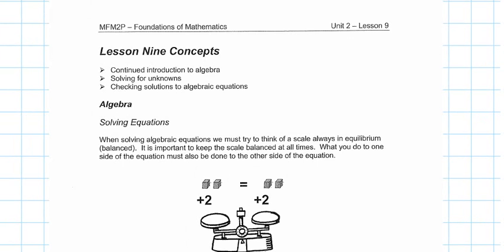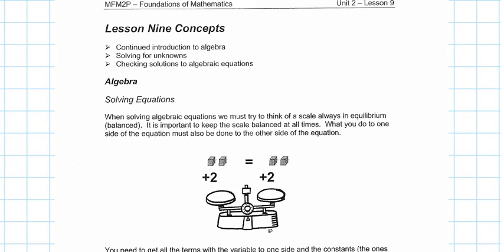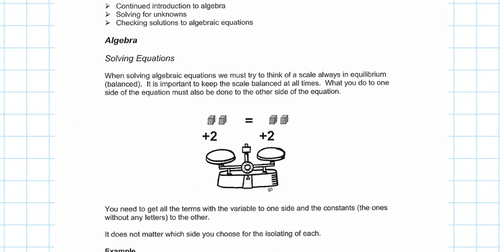So in an equation, you must think about it as a balance, where you have two sides. On each side, you want to have the same thing. In order for the balance to be balanced, the value on the left must equal the value on the right.